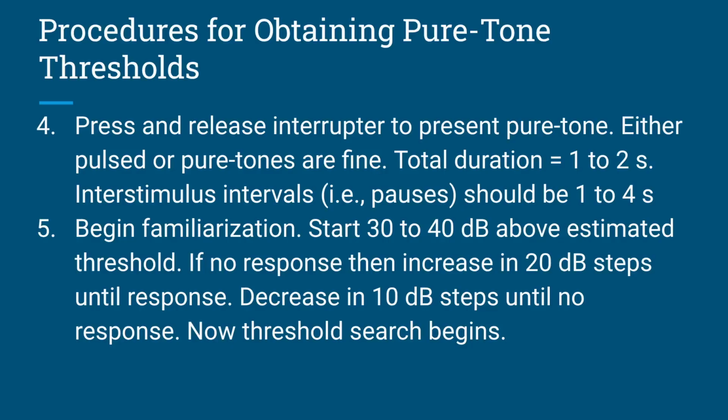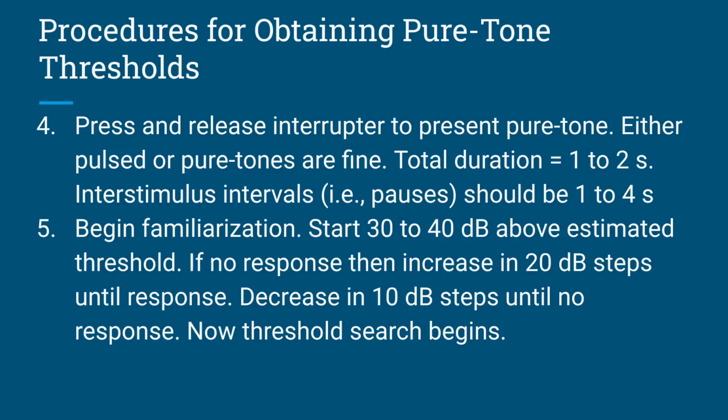Total duration of tone is about 1 to 2 seconds. Interstimulus intervals, or the pauses between tones, should be about 1 to 4 seconds. That gives the patient enough time to respond to the tone. Some patients respond quicker than others. You'll get a general sense for this and adapt your procedure accordingly.